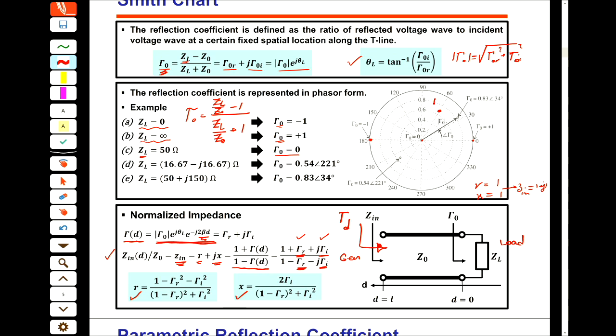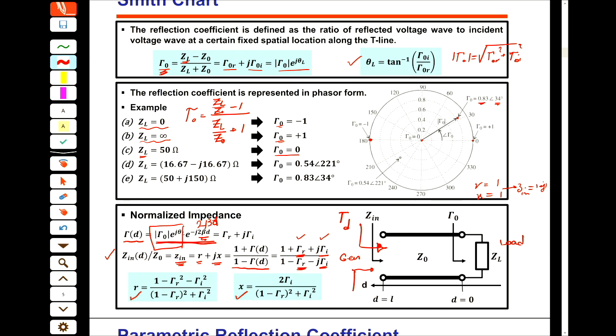Assume that this point is gamma naught. This gamma naught has an amplitude and a phase. I want to move through this transmission line and find the new gamma at this point. I know from this formula that to find the gamma at point d, I just need to take the original gamma and change the phase by 2 beta d.